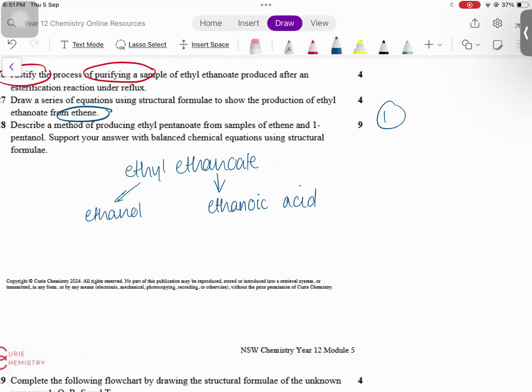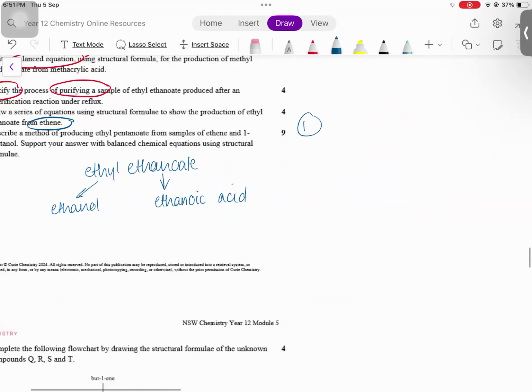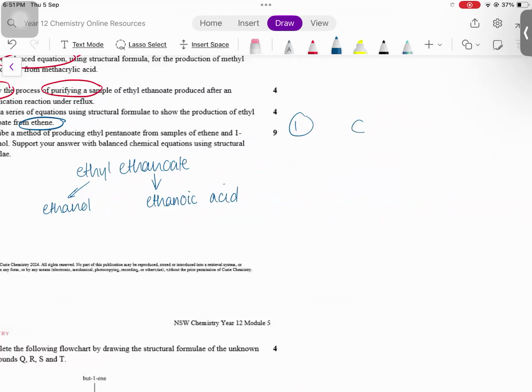I have ethene. How can I get to ethanol? Okay, so we add H2O. Yeah, good. We will do a hydration reaction. So let's write the equation using structural formulae.